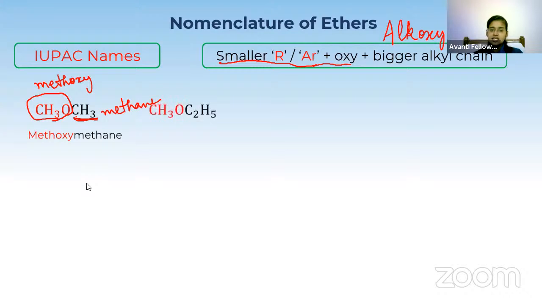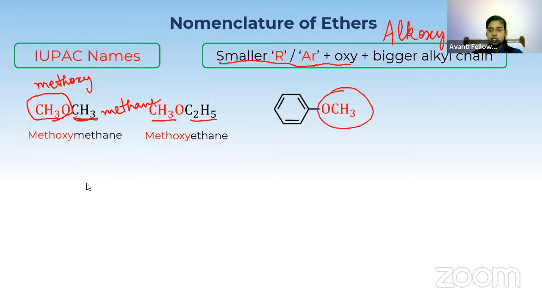And in the second compound, here I have one carbon and here I have two carbon. So the smallest group is CH3O. So it is methoxyethane. Methoxyethane. In the next one, this is taken as methoxy, and this part is benzene.